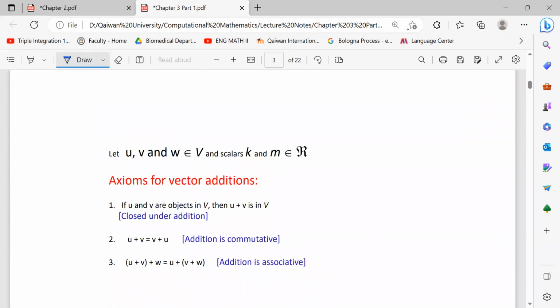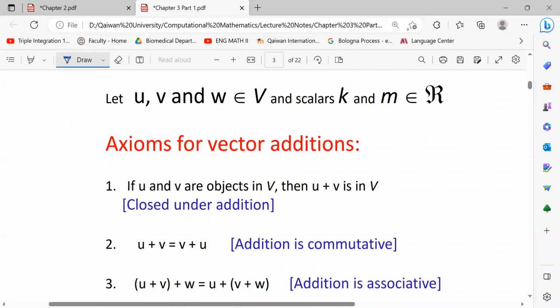Look. First, if we take any two components in V, the sum of them must be in V. Okay?